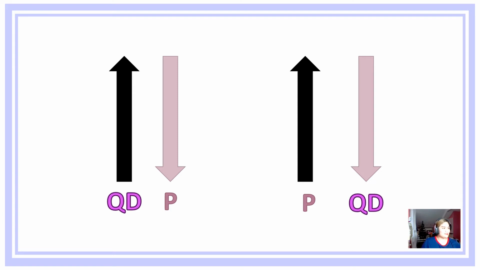As quantity demand increases, the price decreases. Or as the price increases, quantity demand decreases. This is the law of demand. How are people reacting to the changes in the price? If the price decreases, again, the quantity would increase.